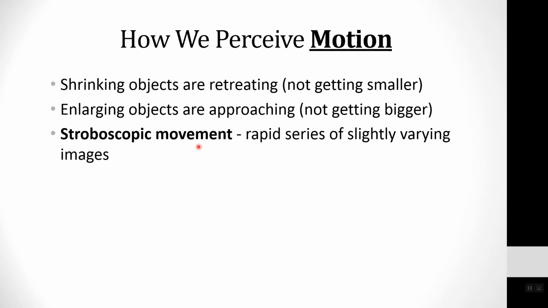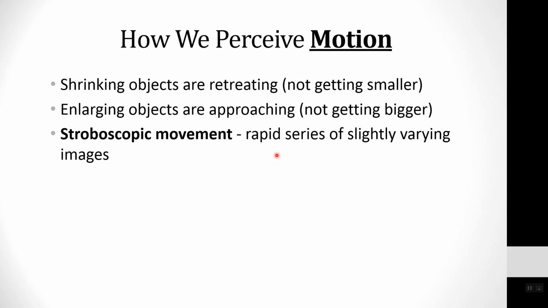There are also some fun ways that we can trick our brain into seeing motion. There's a term known as stroboscopic movement. This is a particular form of movement where a rapid series of slightly varying images keeps moving, and that makes it look like there's some motion going on, like somebody raising an arm.